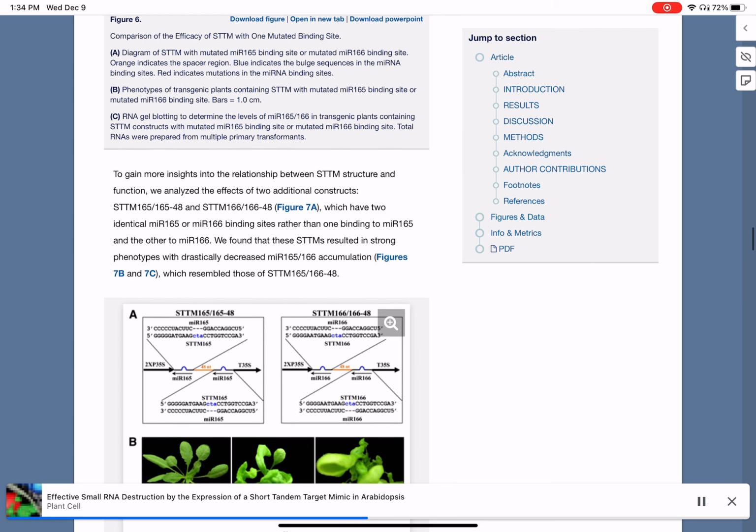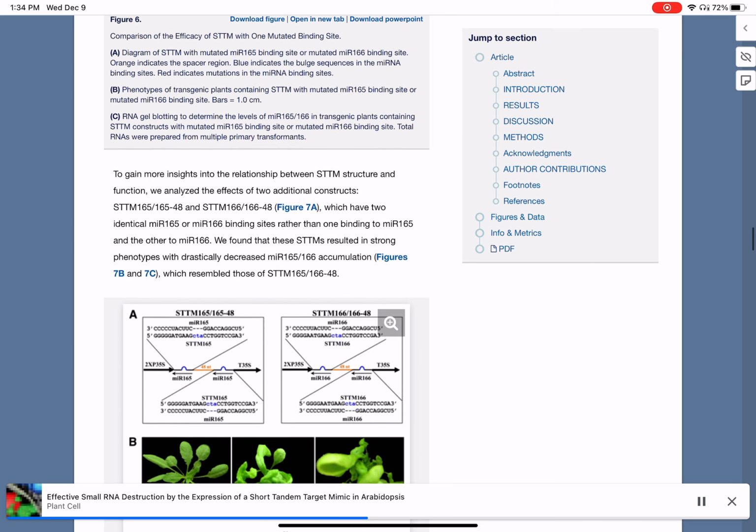We found that these STTMs resulted in strong phenotypes with drastically decreased miR-165-166 accumulation, Figures 7b and 7c, which resembled those of STTM 165-166-48. Comparison of the efficacy of STTMs with two identical binding sites.